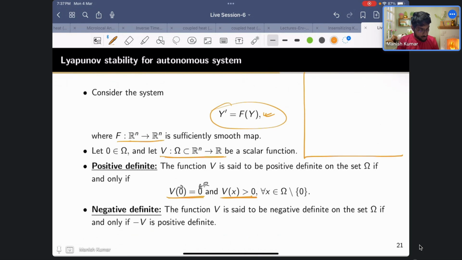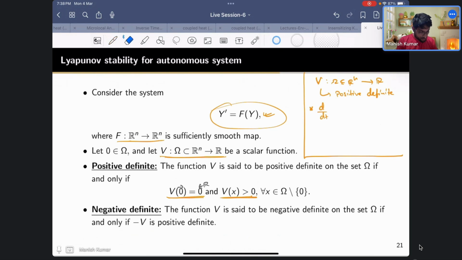You just try to find a function V from R^n to R which is positive definite. This is the first thing that you have to make sure. So try to find a function V which is positive definite. Now we use some condition on d/dt of V.